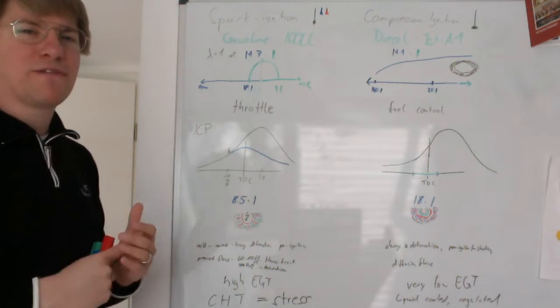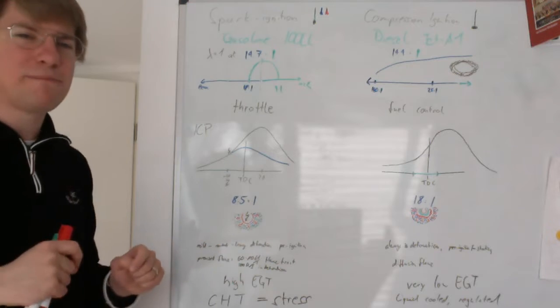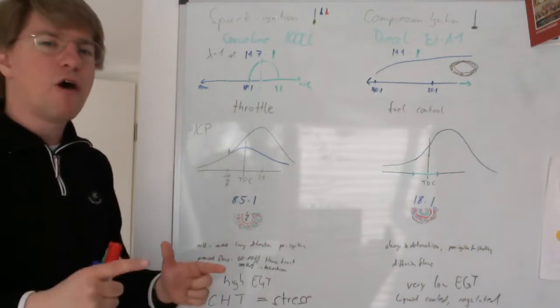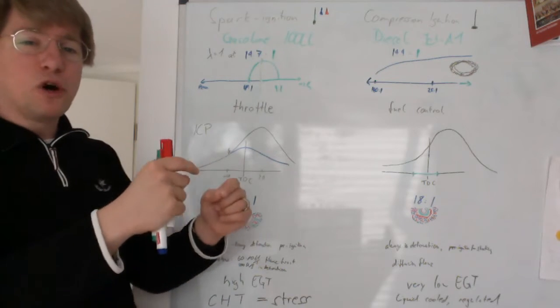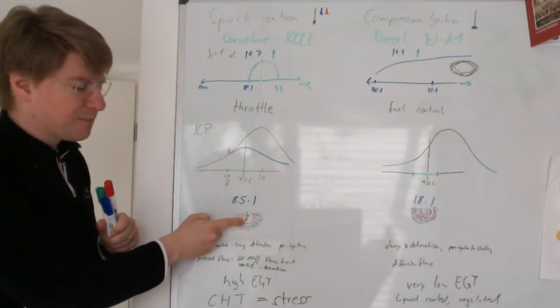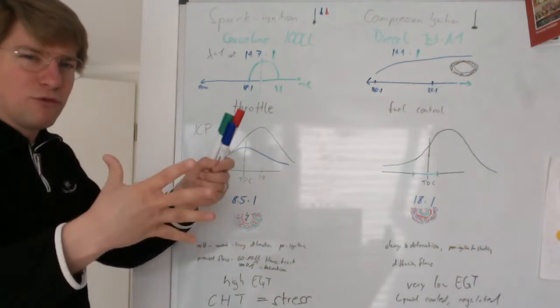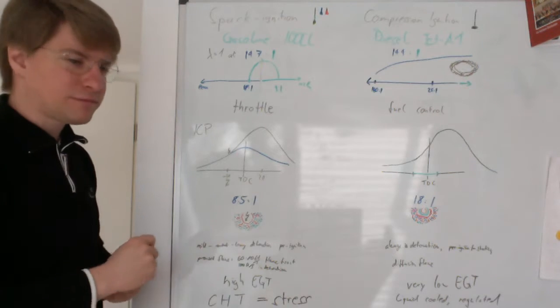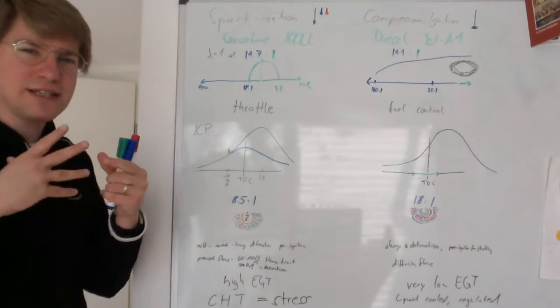When the spark plug fires at 20 degrees before top dead center, it's not like everything blows up all at the same time. No, we get a flame front going in the cylinder that moves out, as you can see here, from the spark plug. It moves away into the pre-mixed fuel-air mixture that is in the cylinder.